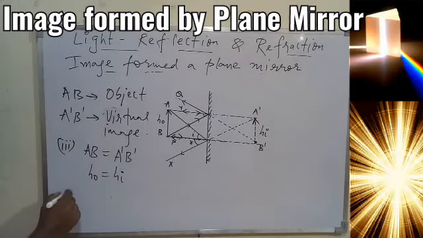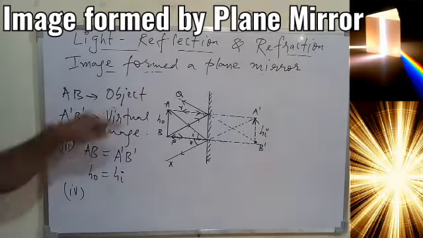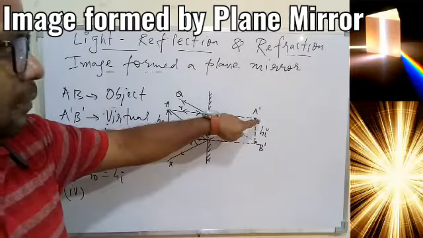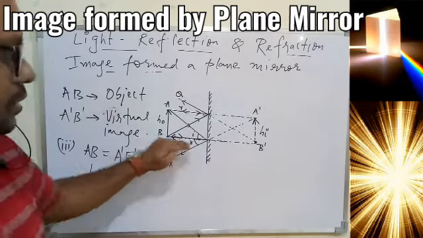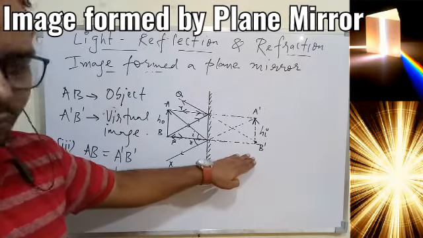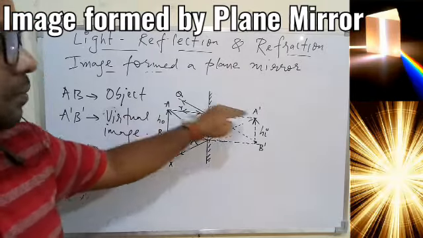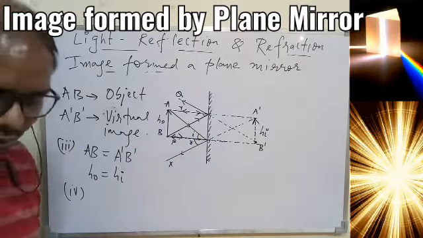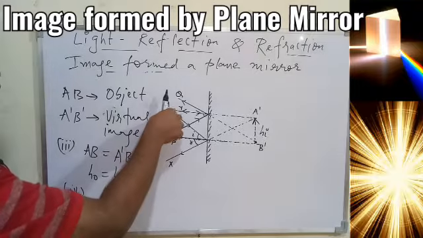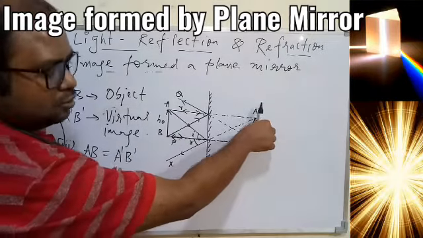And the fourth thing you can see here, A is upward, A prime is also upward, B is downward, and B prime is also downward. Means something at the bottom remains at the bottom and something at the top remains at the top. So we understood that if the object is placed this way, the image is also formed this way.